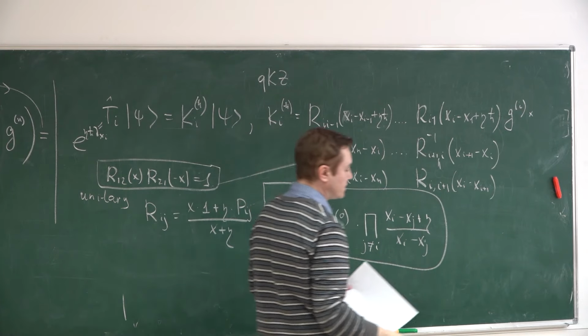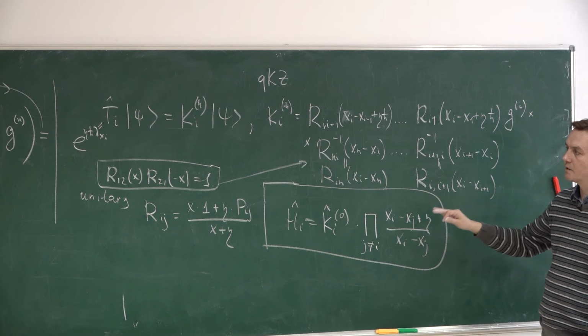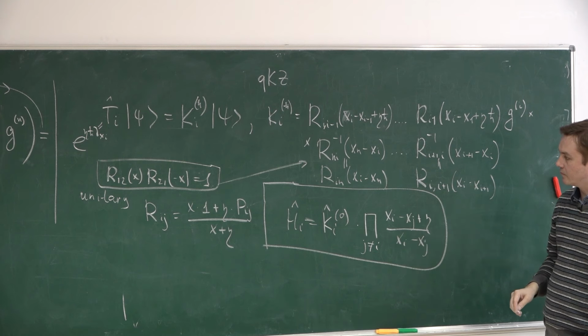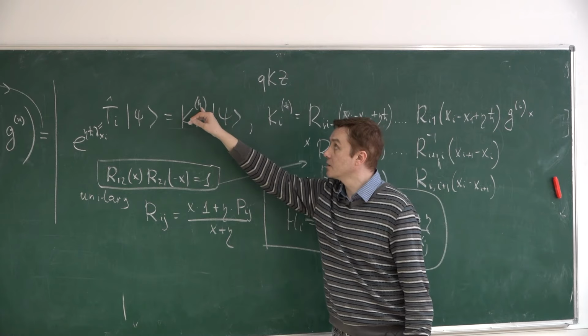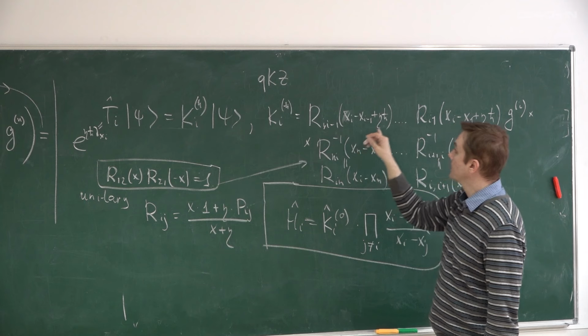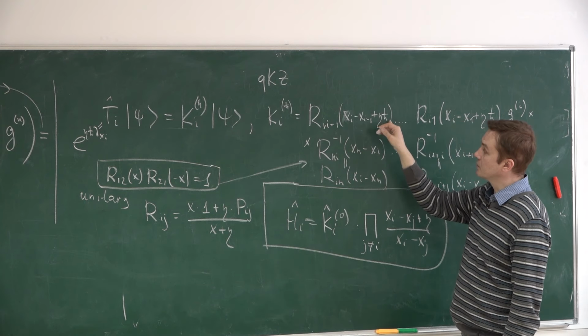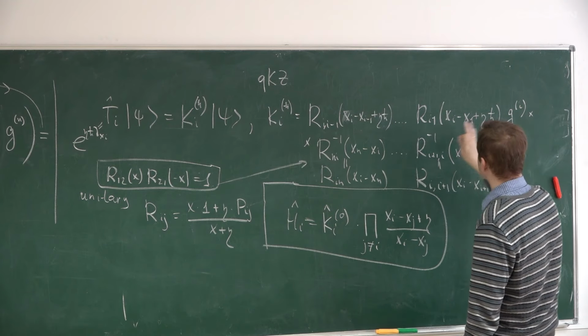This is a relation between these two operators. Again, let me explain why it happens. First of all, if we put h equal to 0, this h is a parameter entering this operator K, then these shifts are absent.